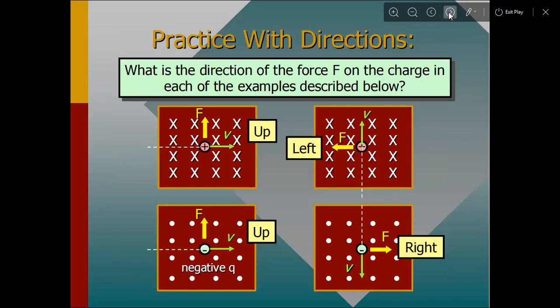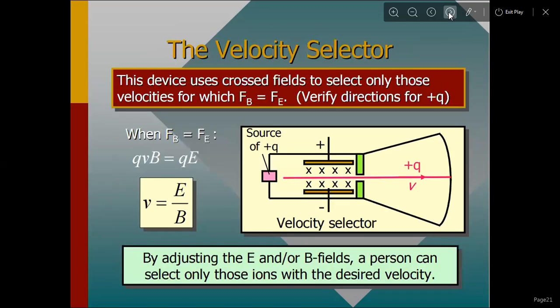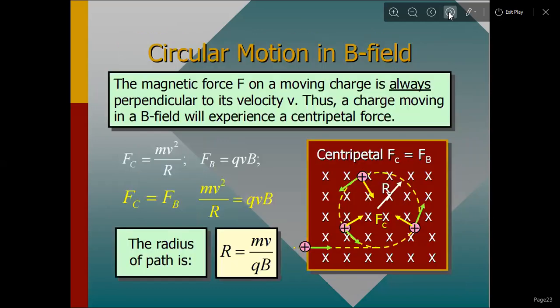In practice, we can use this: up, and this will be left, velocity for negative and right. Now cross E and B can also be measured like this. The velocity selector also. And this is an example for measuring the B field.